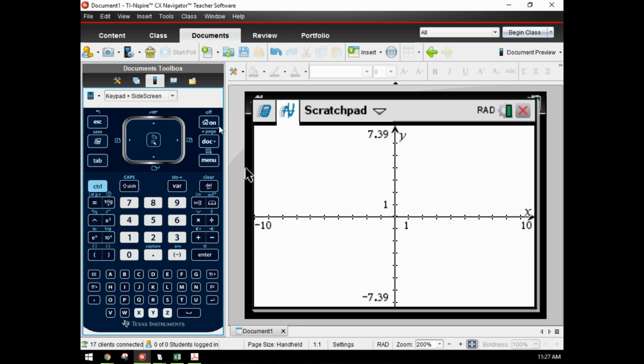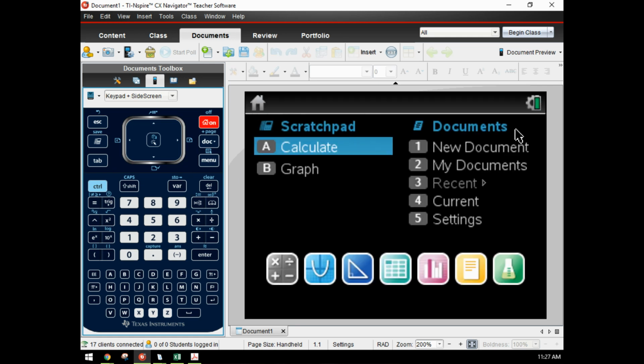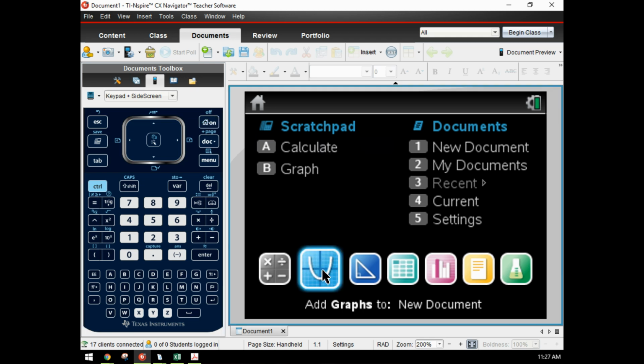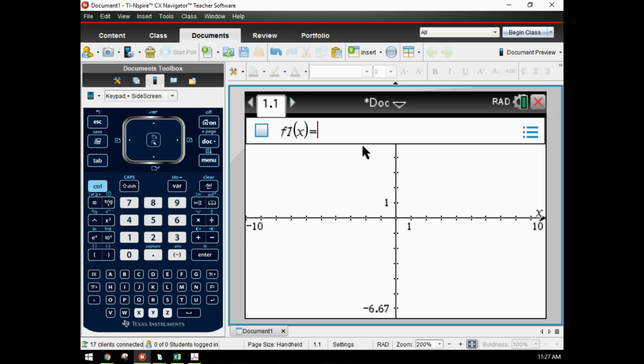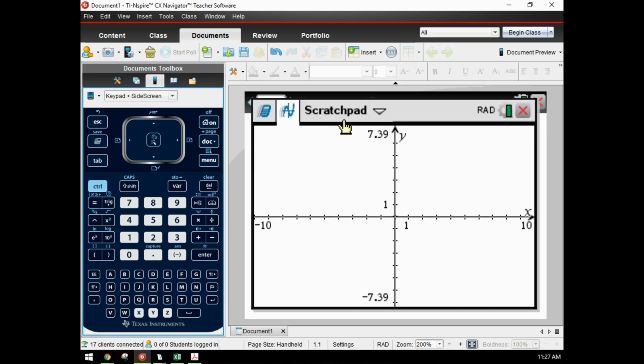If you go here to this graph, it opens up a document screen, which is fine, but it doesn't take you easily back and forth to a calculator. So using what's called the scratch pad is quicker access back and forth between the two things that you need to use.